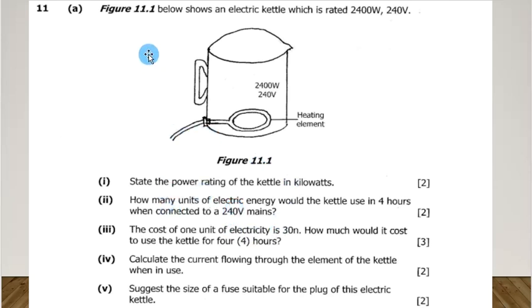Okay, so figure 11.1 below shows an electric kettle which is rated 2400 watts, 240 volts. So we have the arrangement there. State the power rating of the kettle in kilowatts. We know that the power rating of the kettle is given already as 2400 watts, but we want it in kilowatts. 2 marks for that.